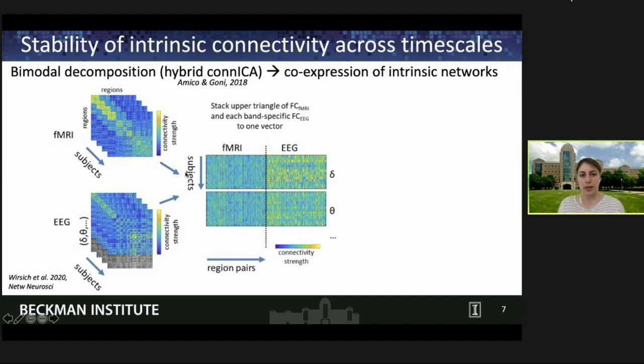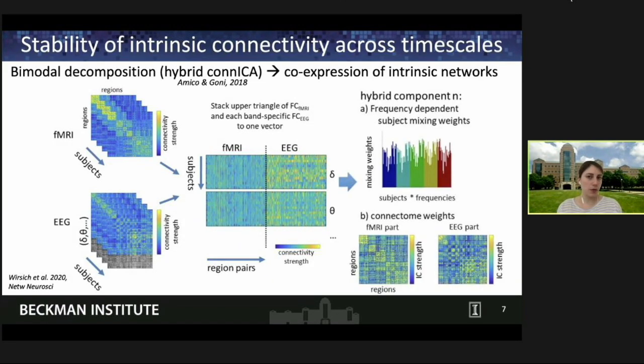We vectorize these connectivity values and then just essentially put them together, the EEG and the fMRI, and do a decomposition of both together to find stable components that co-occur between EEG and fMRI over subjects. The difference of this decomposition to many prior decompositions of EEG fMRI is that the values that enter the independent component analysis are actually the connectivity values, not the time courses.